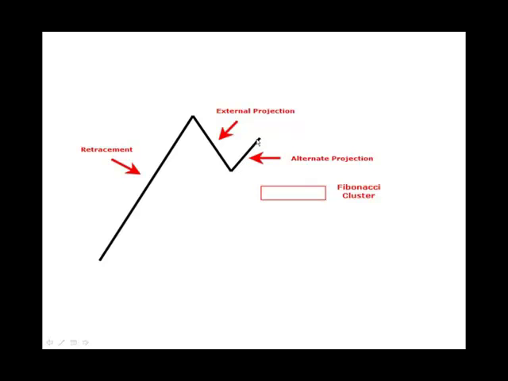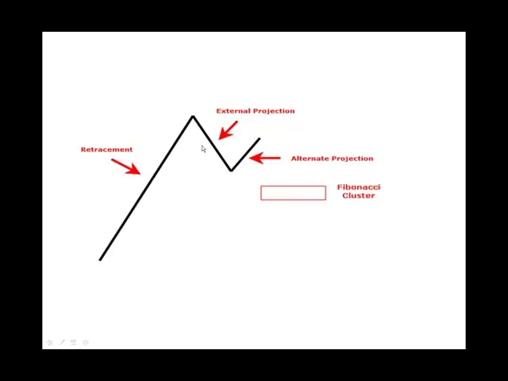So this goes against the grain and we're looking for an extension downwards against that, the alternate. And what that will give us is a cluster point at this lower level down here. So impulse A, B, and C, this is what we're trying to figure out, where the complete correction will terminate, and that will give us a good buying point.